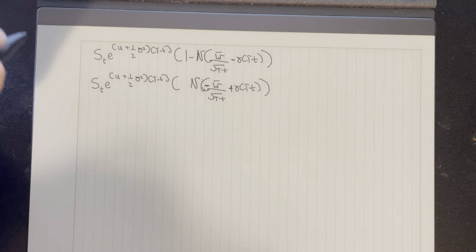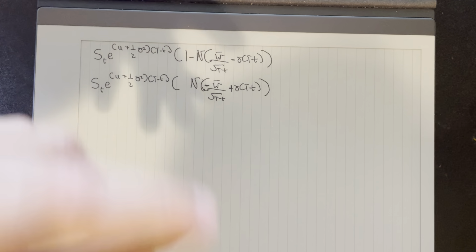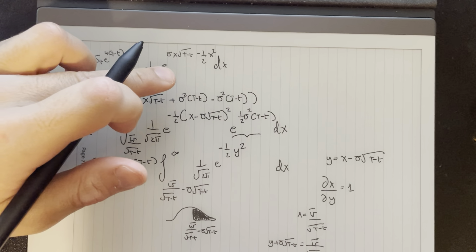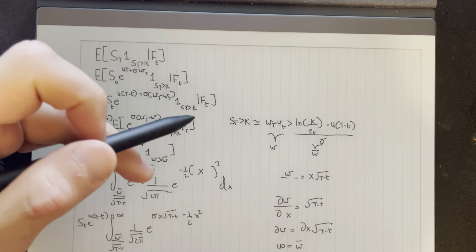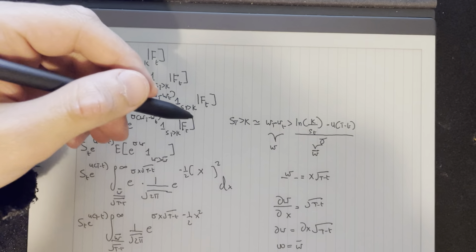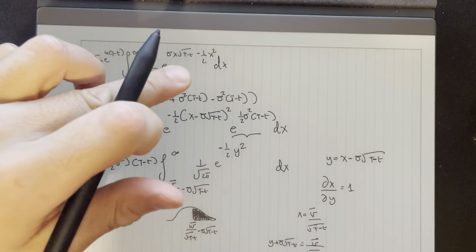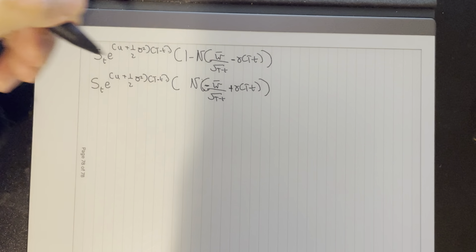Okay, so what we're going to do now is expand what that value of W bar is, and to do that, just recall what W bar was. So going over here, W bar is log of K over S_T.